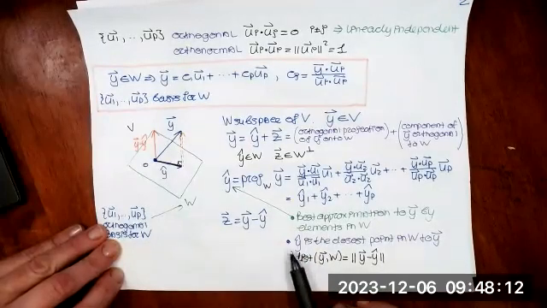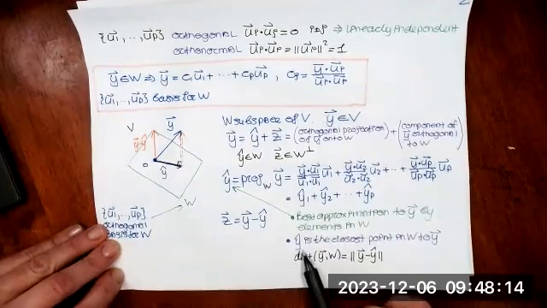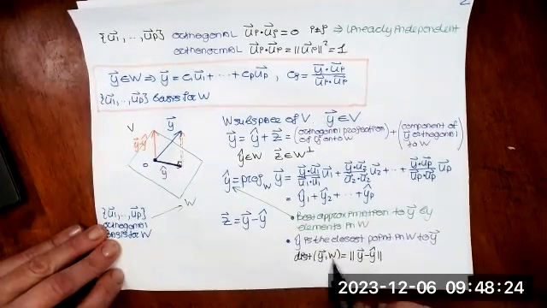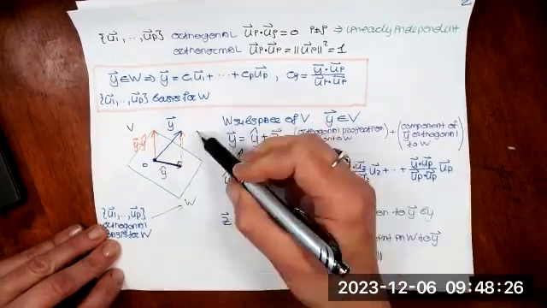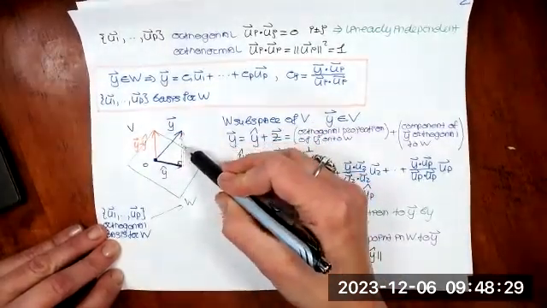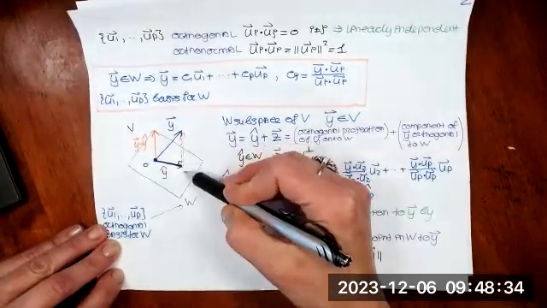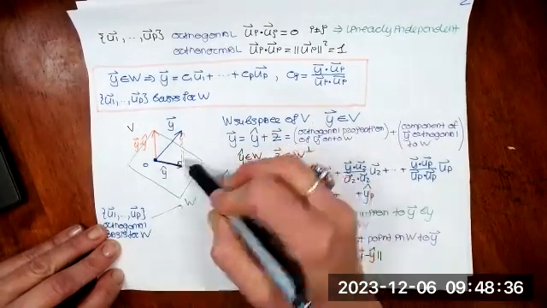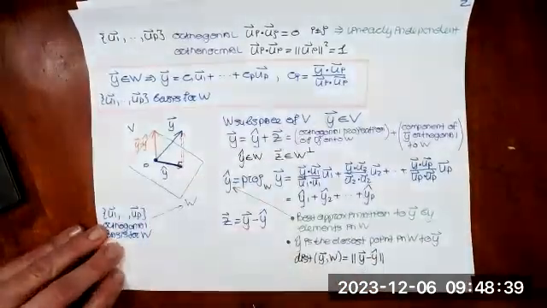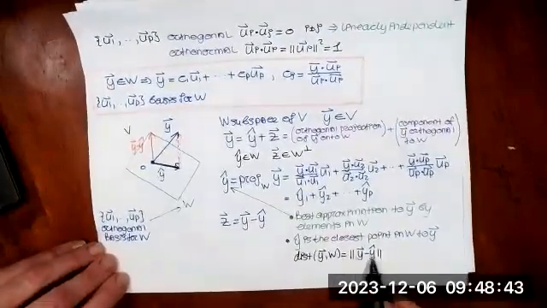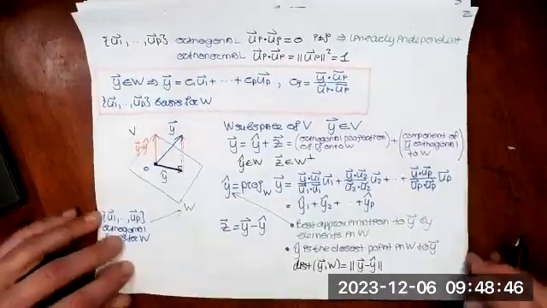Or there are problems where you have to compute the closest point from the vector Y to subspace W. So what is the distance from vector Y to subspace W? If this is my vector Y, what is the shortest distance from Y to W? This would be my orthogonal component of Y in relation to W, or Y minus Y hat. And the distance between a vector and a subspace is the norm of Y minus Y hat.